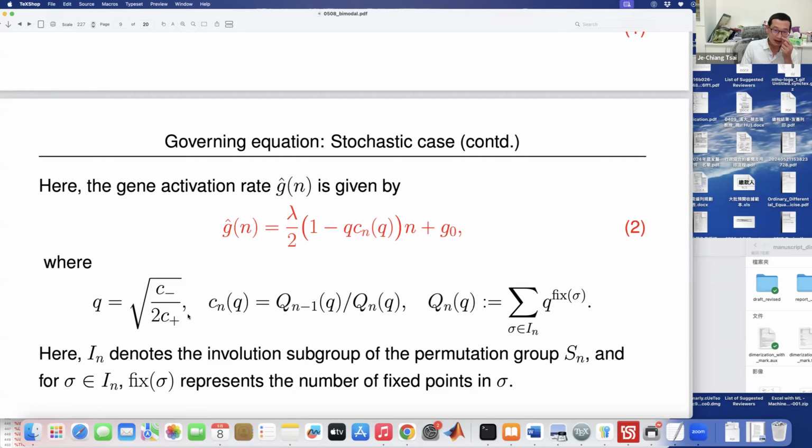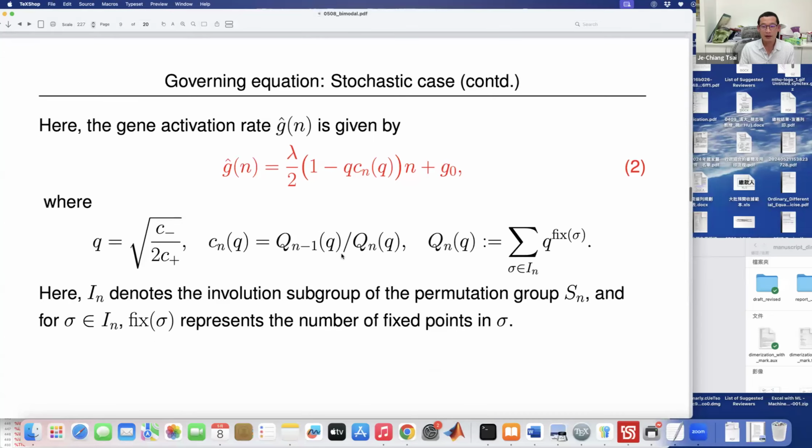But this function Cn of Q is in this form, and you see this is also related to the permutation group. So basically, this function is complicated, and actually it's nonlinear.